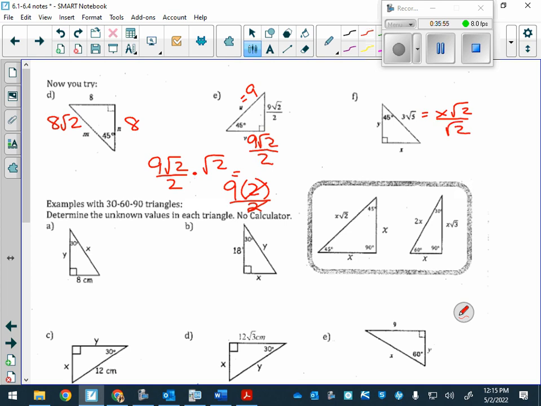We divide both sides by root 2. We cannot have a radical in the denominator, so again, we need to get rid of it. So we have 3 root 10 over 2, which is both sides. Okay? Questions about 45, 45, 90? How many of you are recalling and pulling that back?